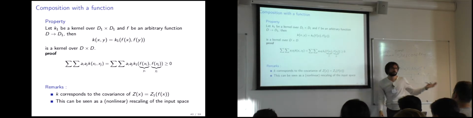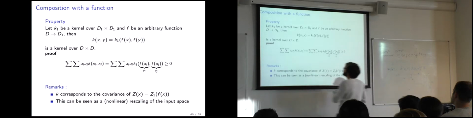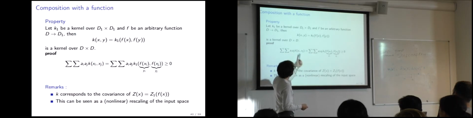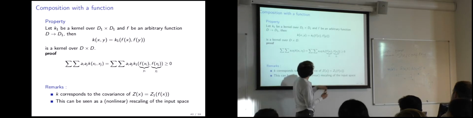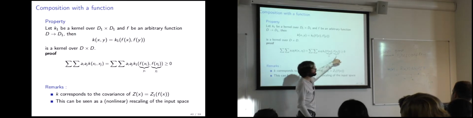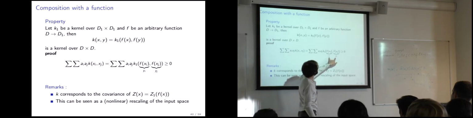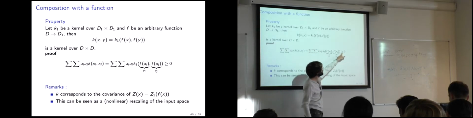We can use the definition of being positive definite: this sum of the kernel is equal to this sum of the original kernels in here. And if k1 is positive semi-definite, it means that this will be positive whatever the values we have in the middle. So whatever the value, f will end up with some value here that I can write y. And I know if k1 is positive semi-definite, then this will be greater or equal to 0.